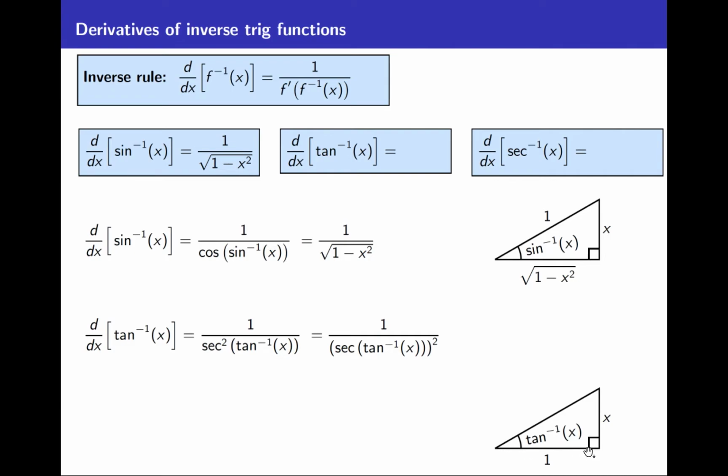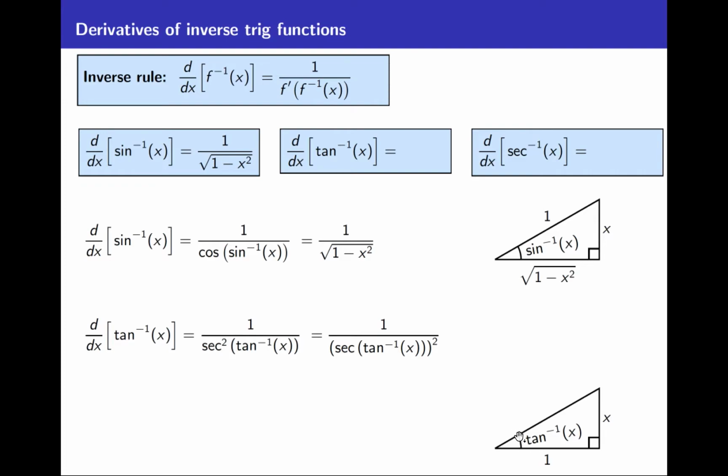Given a right triangle whose opposite side is x units long and whose adjacent side is 1, this angle, if you took tangent of it, you'd get x, so it's tangent inverse of x. So this is our geometric picture of what tangent inverse of x is. And here we are taking secant of that angle.